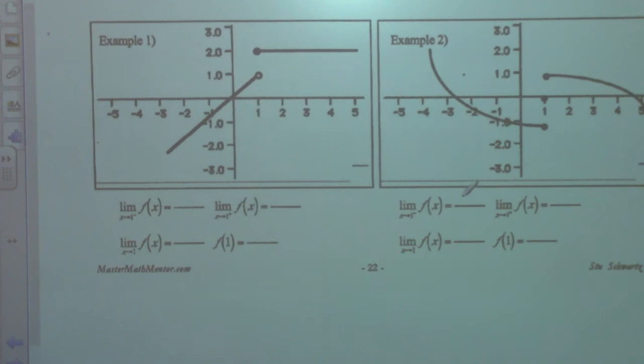It looks like about -1, or maybe -1.2, something like that. We just call it -1. What about the limit as x approaches 1 from the right side? Positive 1. And then what's the limit as x approaches 1 of f of x?